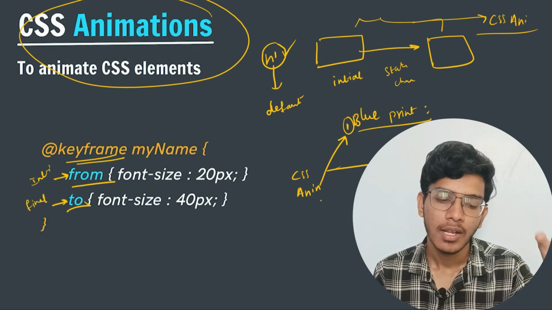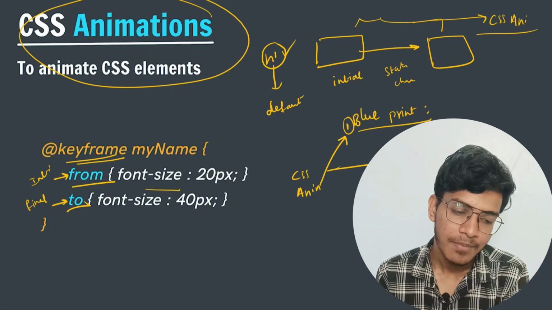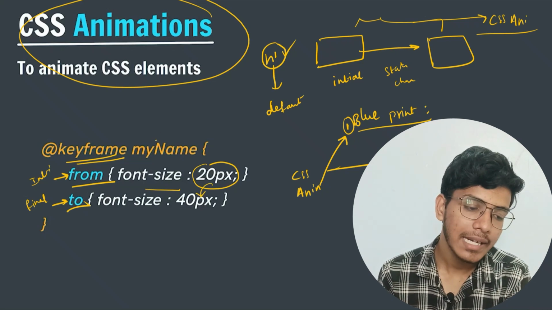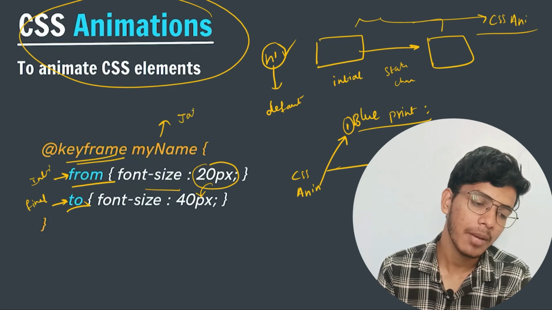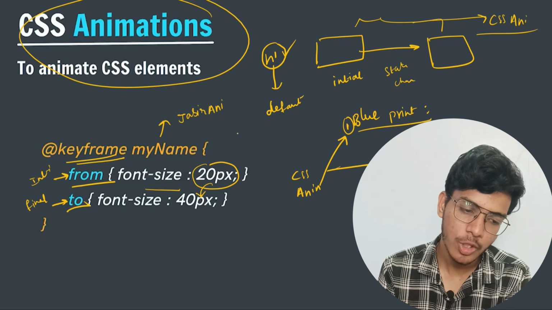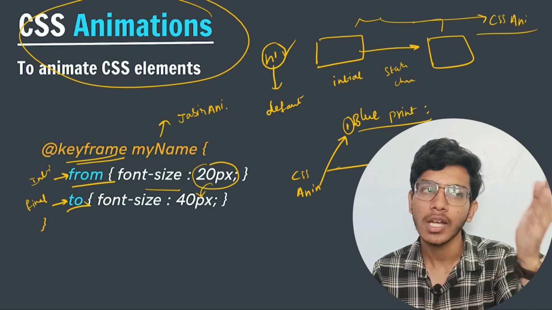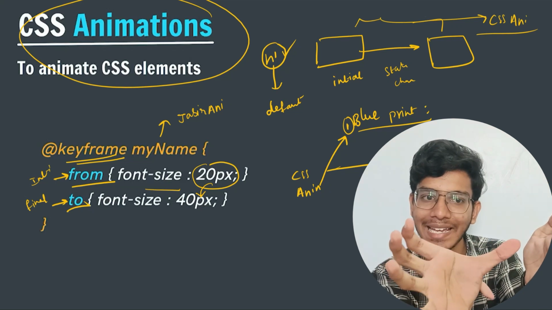Let's say I want to change the font size from 20 pixels to 40 pixels. Then I will write keyframes and whatever name of the animation I give; let's say Jabir animation is my animation name. So I will write Jabir animation, curly braces. Inside the curly braces I will write, okay, this is the initial state, where the elements are like this.